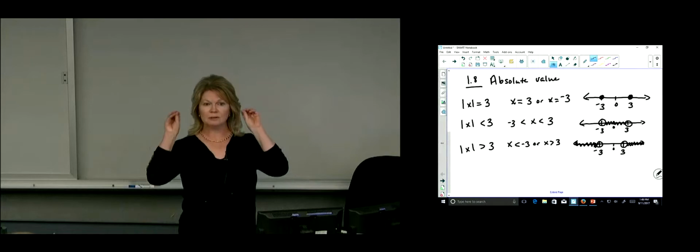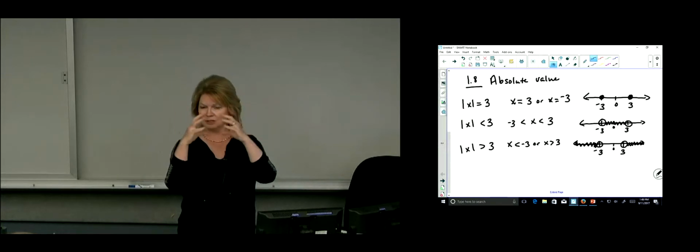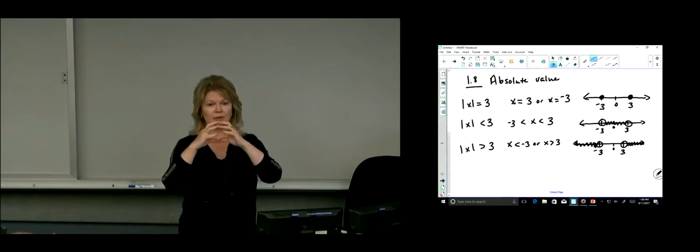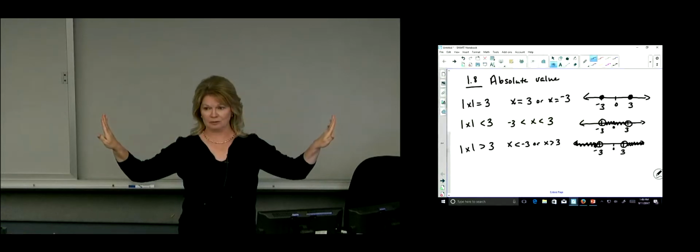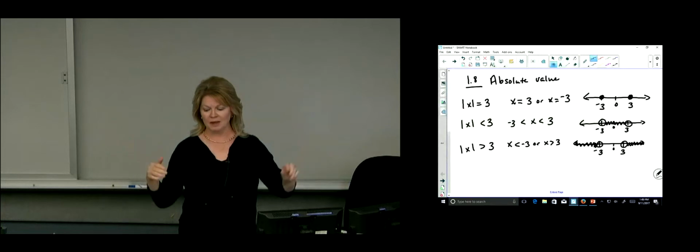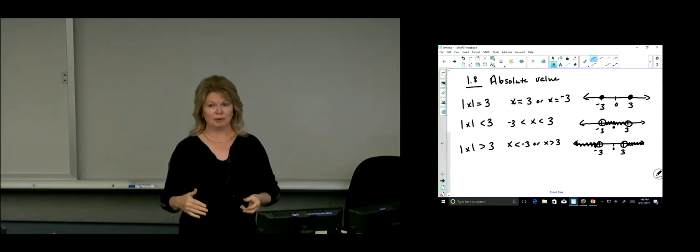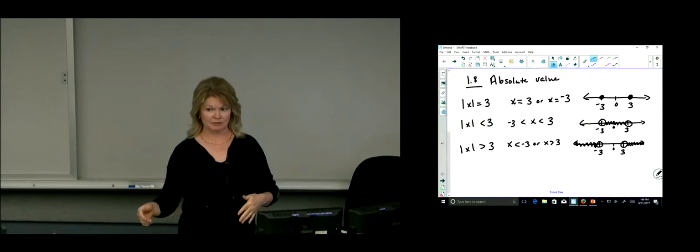So when it's equal to, it's specific answers. When it's less than, think of your sandwich, you're in between. And when it's greater than, it's pushing out. Okay? For each of these, I should be able to write interval notation if there's an interval.